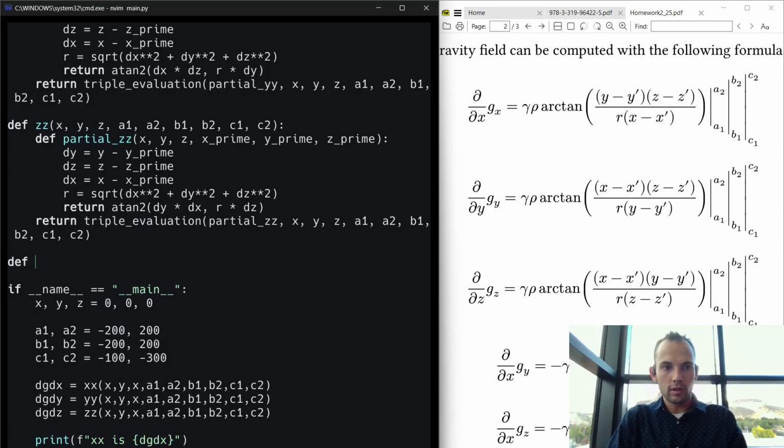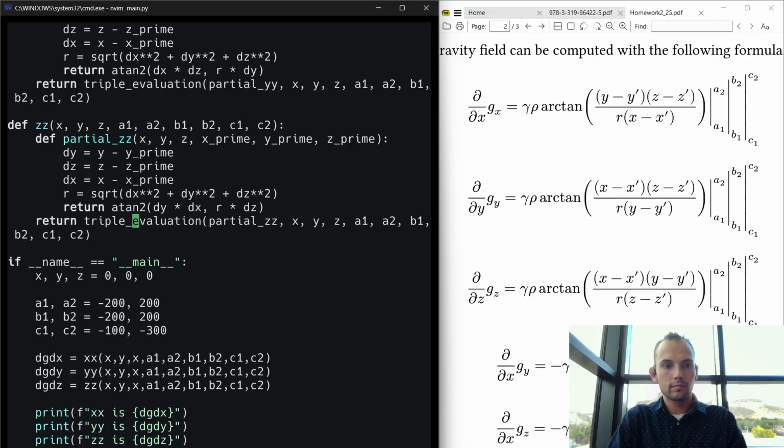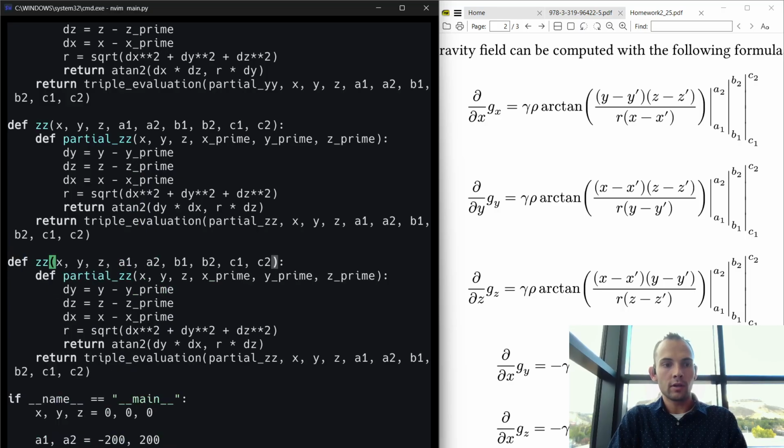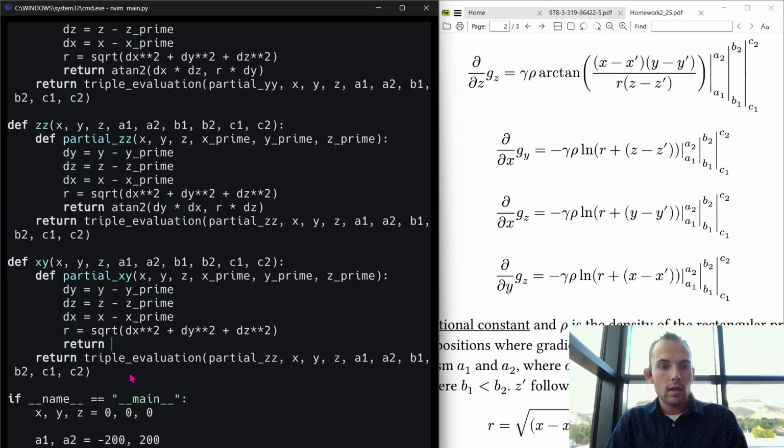Now I guess we should do the triple evaluation at the off-diagonal points. X, Y. What does this one look like? Looks like this. Negative gamma rho. No, I'm not doing scaling yet, so let's just do this.